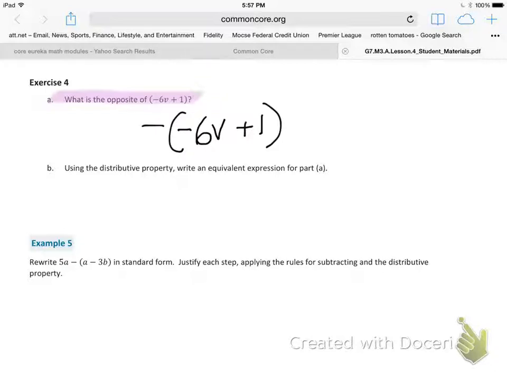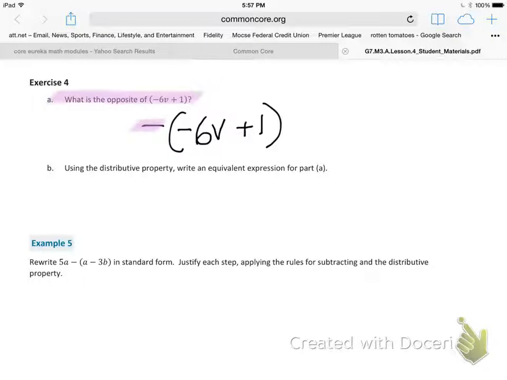Okay, so hopefully you came up with this here first, because this would be the first step. It's really helpful to understand what exactly this little negative sign means here. We have that negative sign, and sometimes it means minus, sometimes it means opposite.